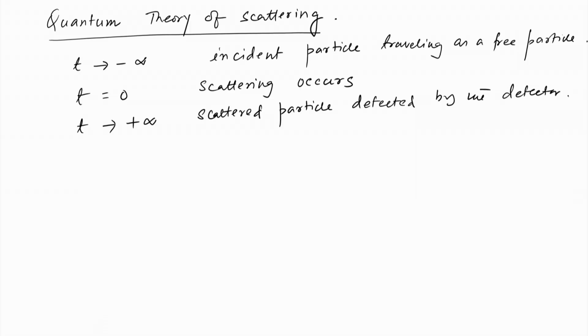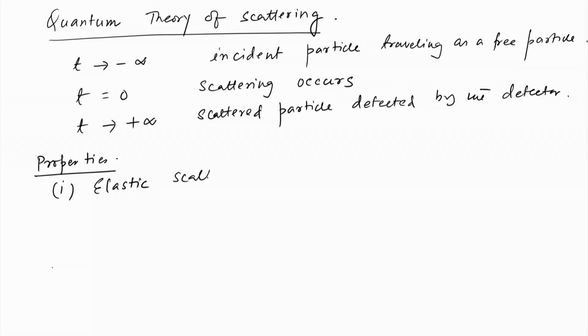Okay, so there are a few conditions that the scattering would involve. The properties that we are going to be particularly interested in are that we are going to talk primarily about elastic scattering.